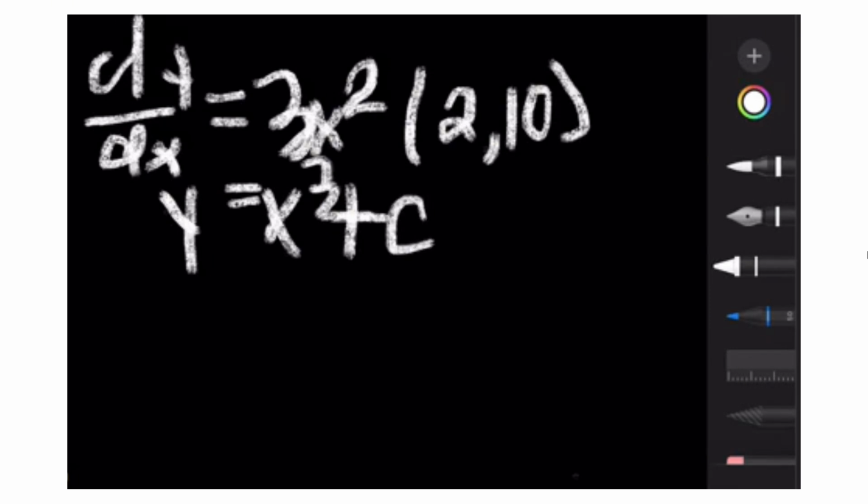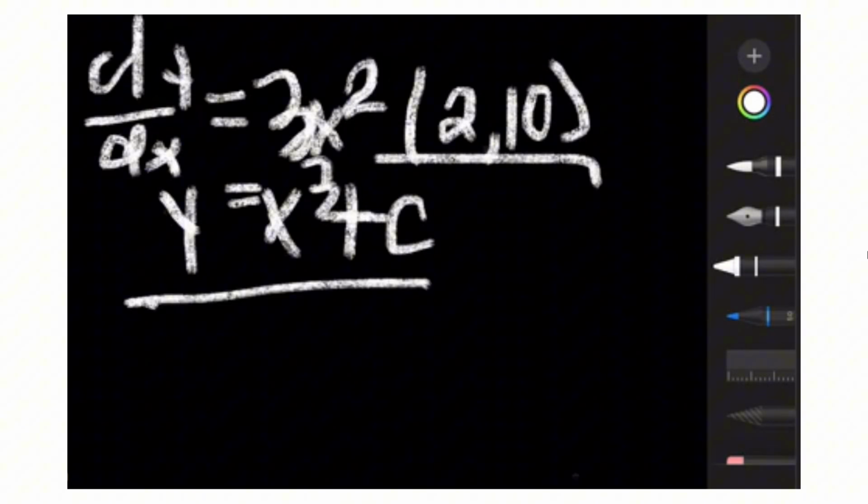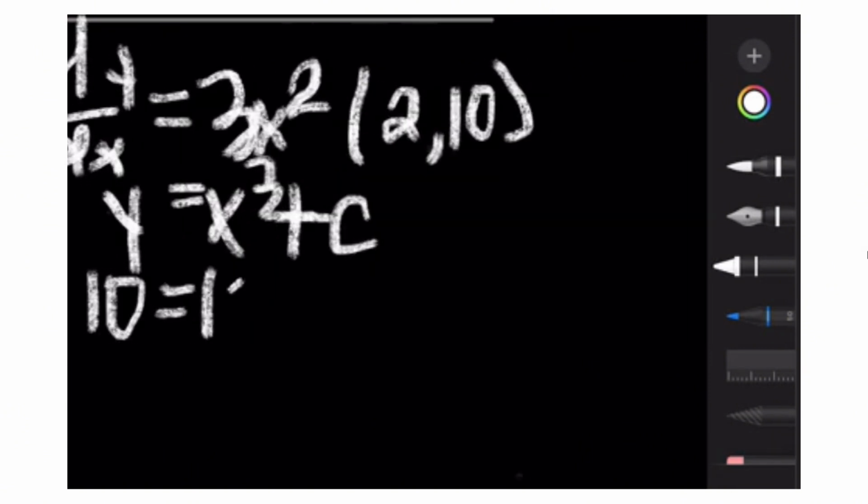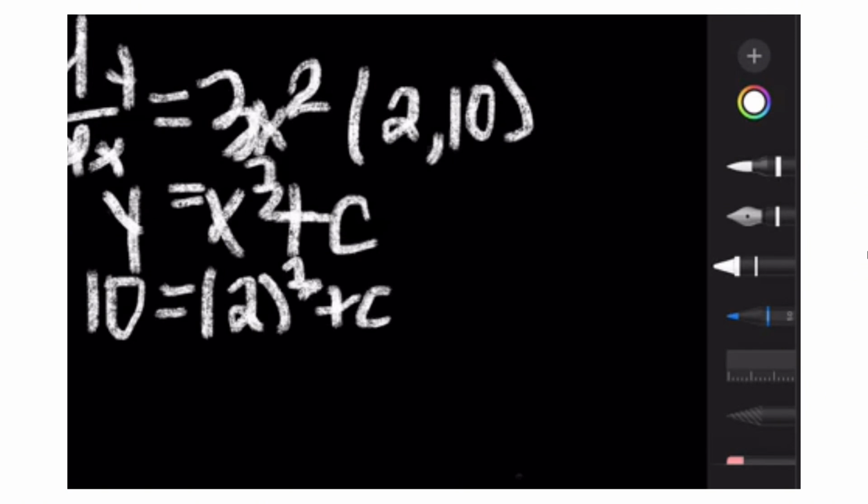Then we have to solve for the constant, this constant right here. We can solve this by substituting these values in this equation. So we're going to have 10 equals 2 cubed plus c.